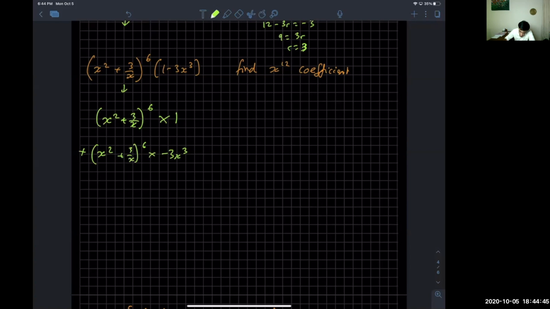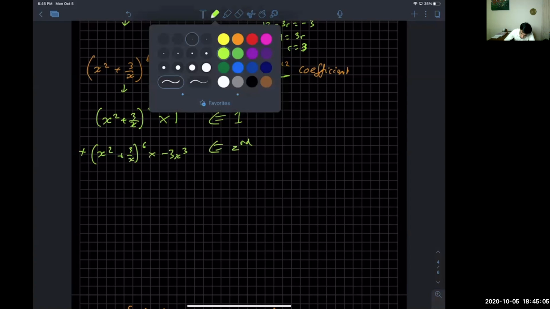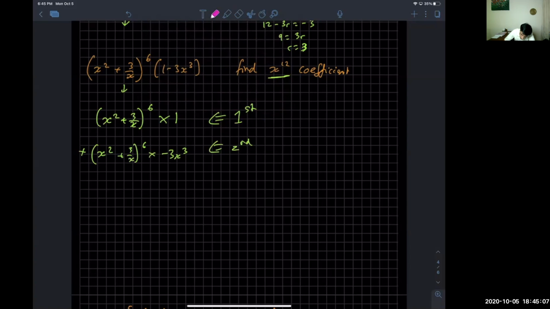You'll see how this is helpful in that now, if you want the coefficient of x to the power 12, you need two terms. This is the first scenario, and this is the second scenario. In the first case, you want the coefficient of x to the power 12.